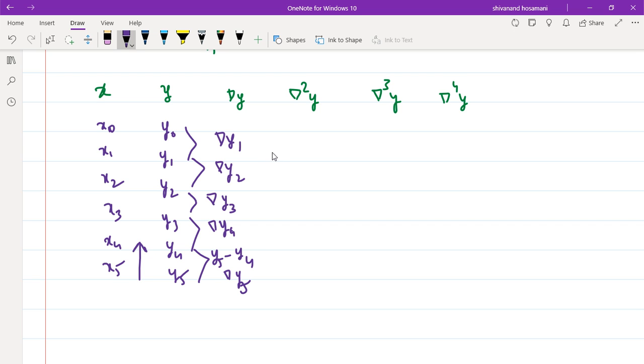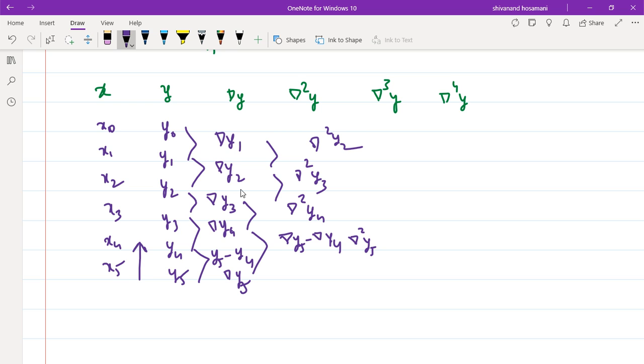In order to get the second backward difference, we take del y5 minus del y4. This is del square y5, and this is del square y4, this is del square y3, and this is del square y2.